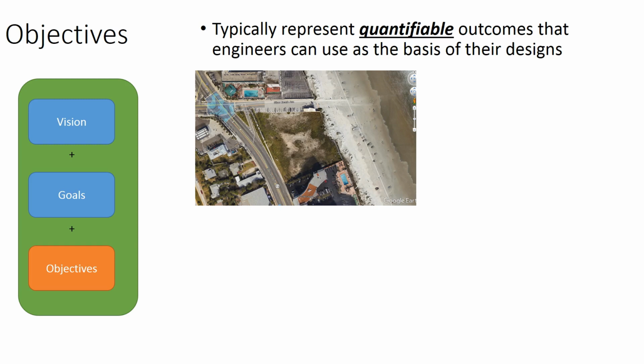And so engineers typically distinguish objectives as elements of a project that represent the quantifiable outcomes. So what are the very specific things that a particular project needs to accomplish? Drawing on the beachside redevelopment example again, as an objective, it might be we want 50 hotel rooms, each one at 600 square feet per room.